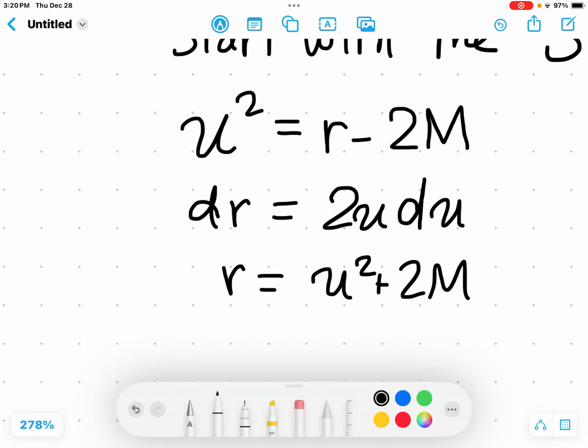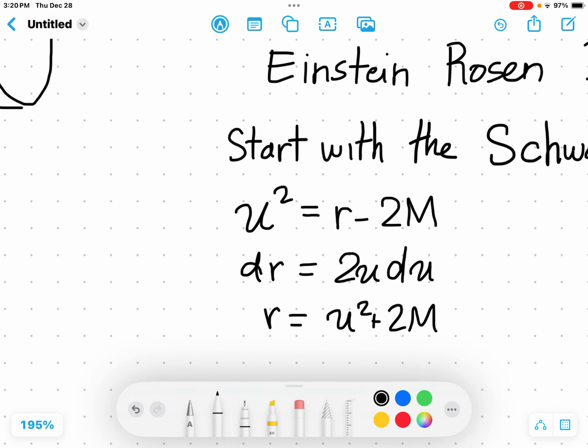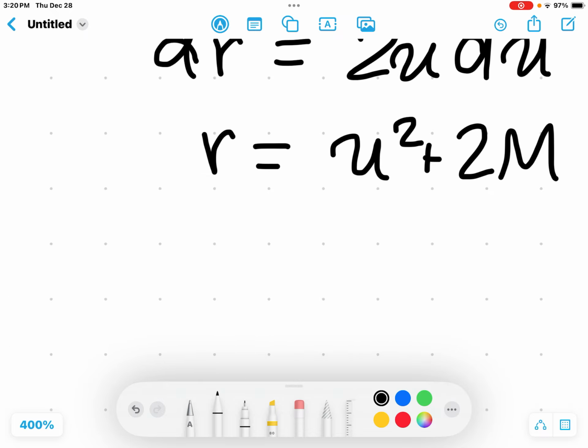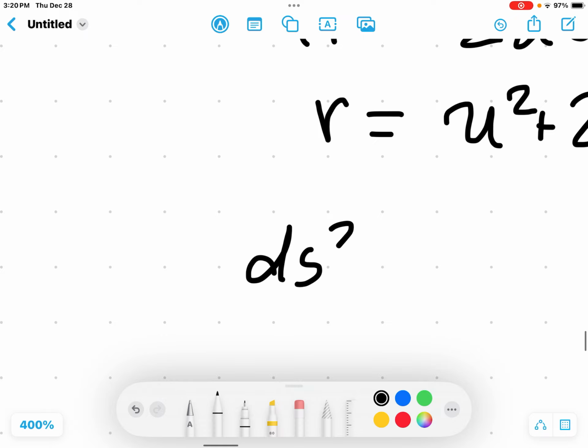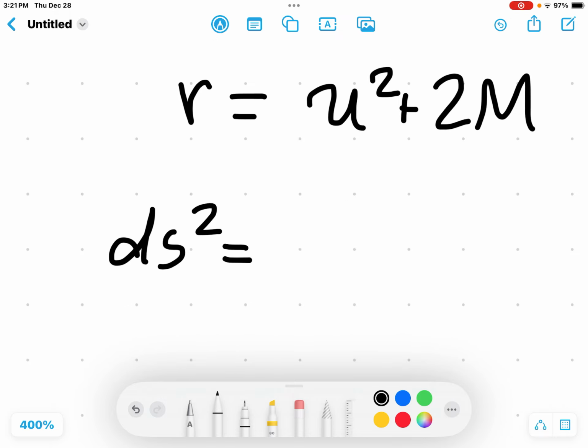So when I make this substitution in my Schwarzschild metric, let's recall the Schwarzschild metric, my line element at least. Now we're working in polar coordinates, just so you guys know. We're not working in Cartesian coordinates because I think that's going to make things a bit hard. So my ds squared. What I'm trying to do with deriving the Einstein-Rosen bridge is find a metric for it, all right? Just to clarify that, and I'm sure that's obvious.